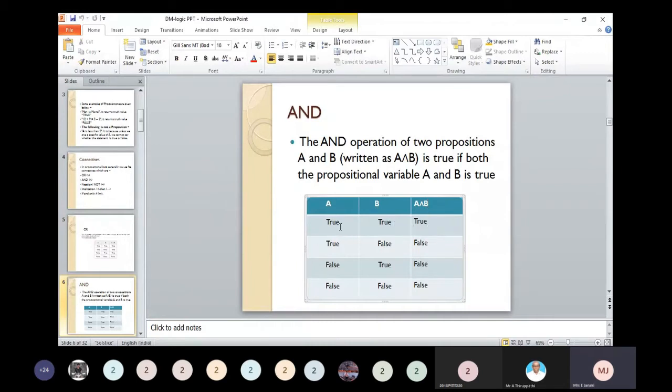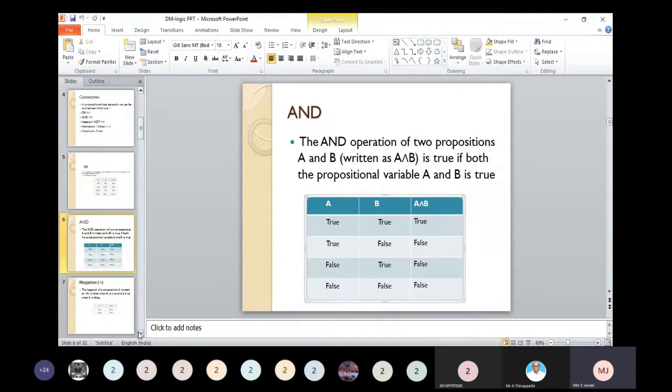See the first row of this table. A is true and B is true, then the conjunction A and B is true. And in the table, the remaining entries are false.